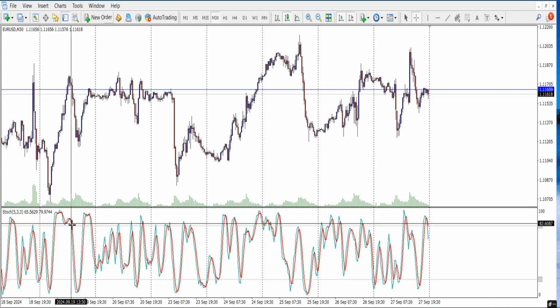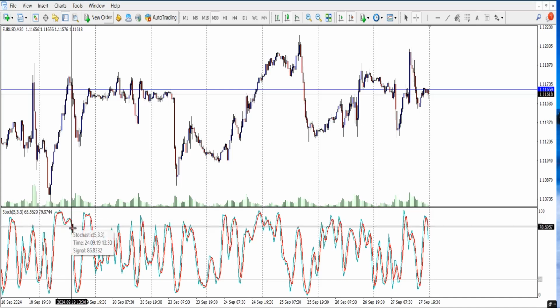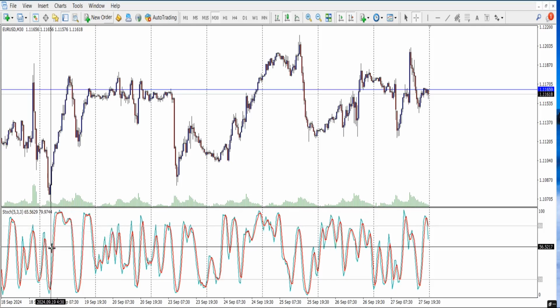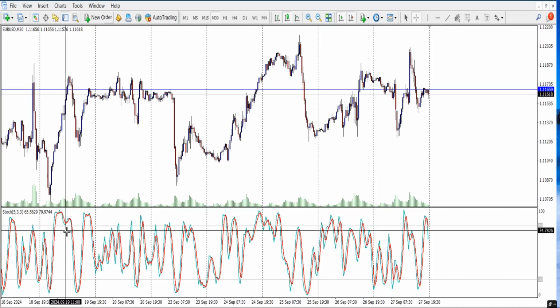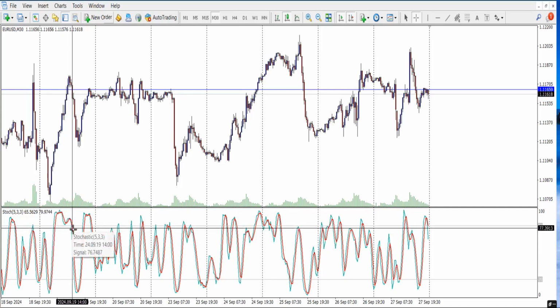We would have exited this trade around 14 o'clock. So if we let's just say we entered around 5 o'clock and exited around 14 o'clock, this trade would have been open for about 9 hours.